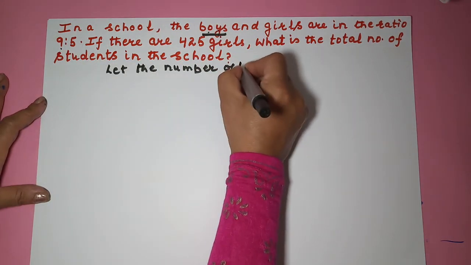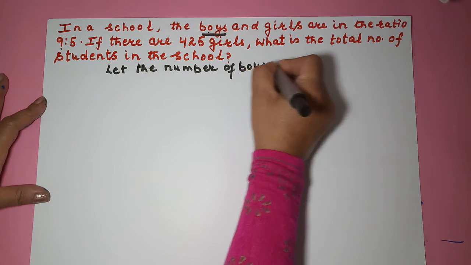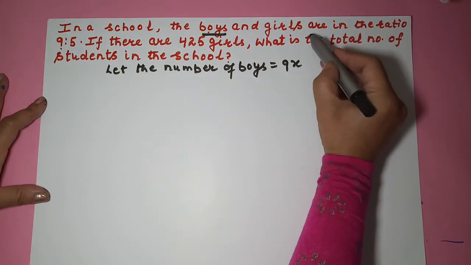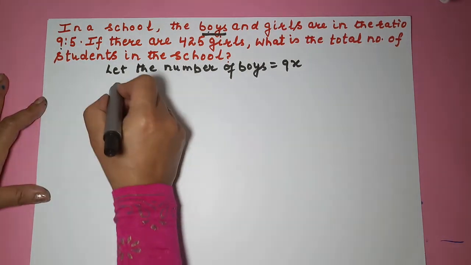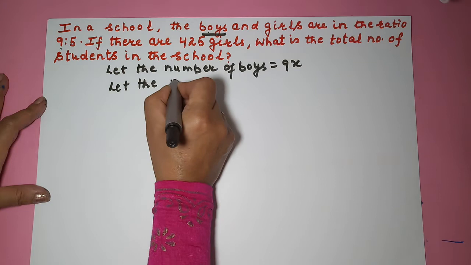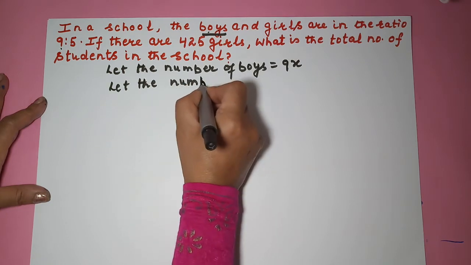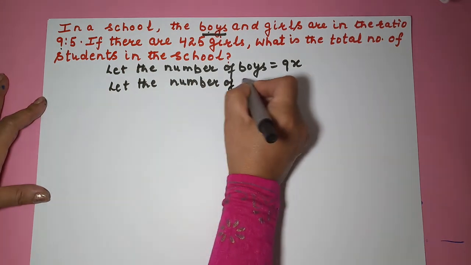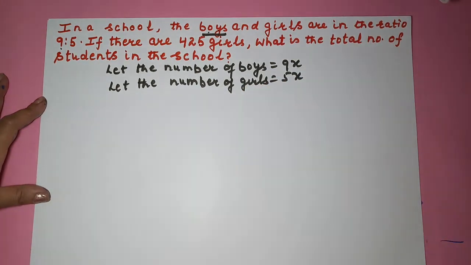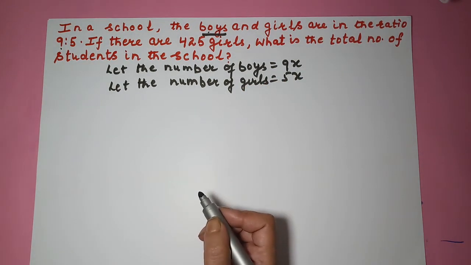Number of boys is equal to 9x. And let the number of girls be equal to 5x.